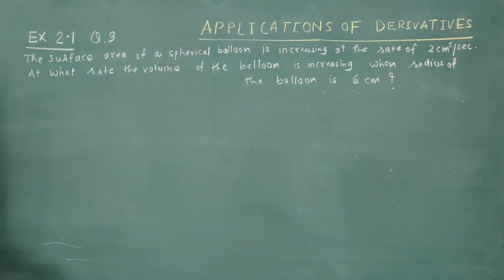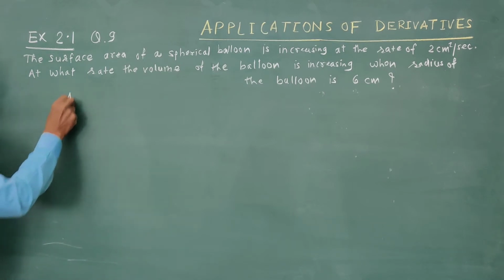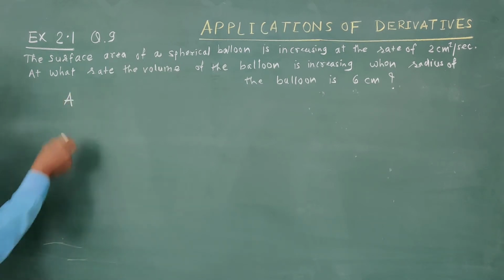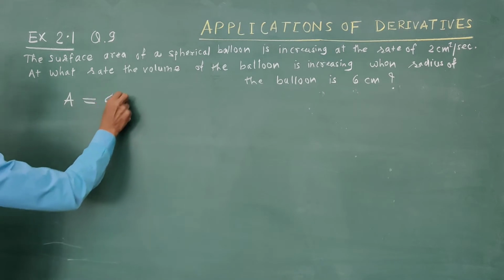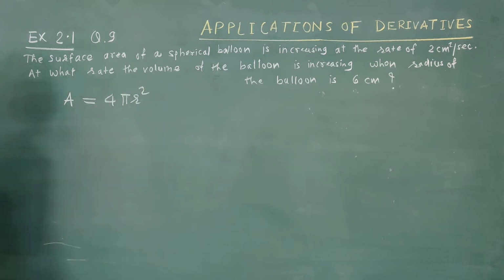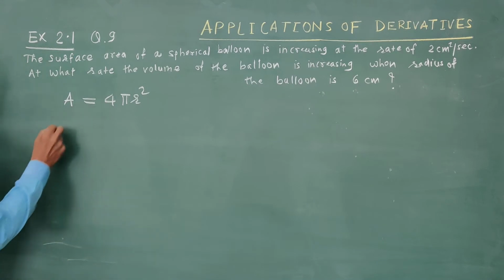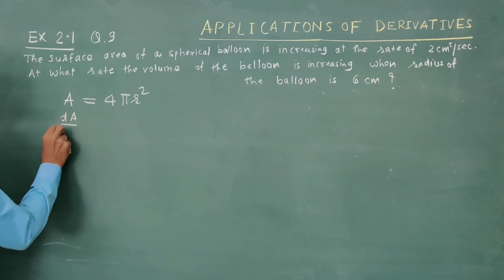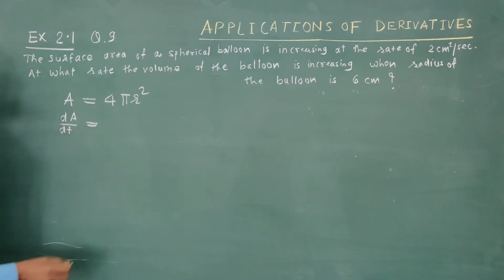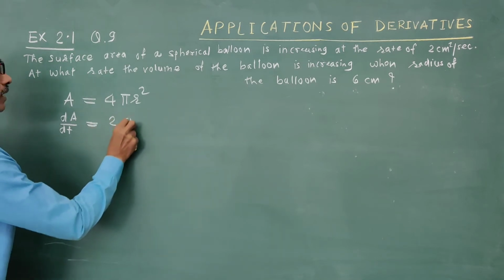So the surface area of the spherical balloon is given by 4 pi r square, and this surface area is increasing at the rate of 2 centimeters square per second. So dA by dt is given, that is 2 centimeters square per second.